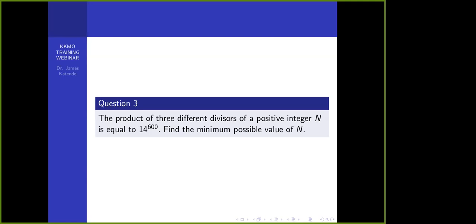Again, I will let you play around with this for a few minutes, maybe 2 or 3. Then we can look at the solution. As usual, if you have any ideas you can share, just unmute your mic and share.